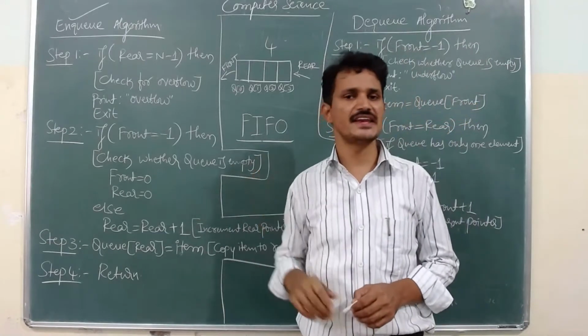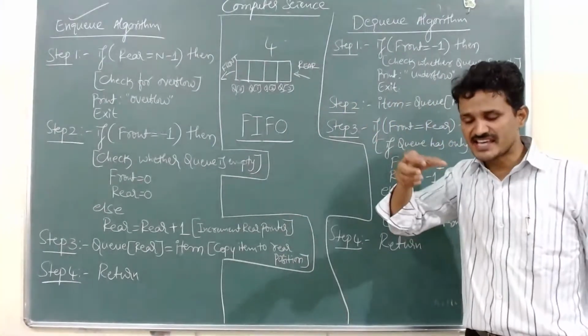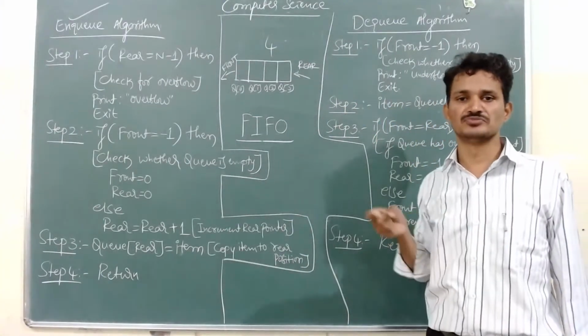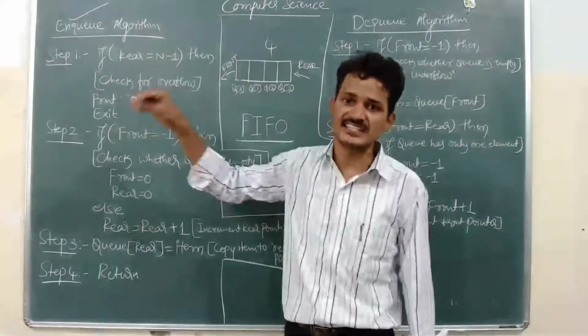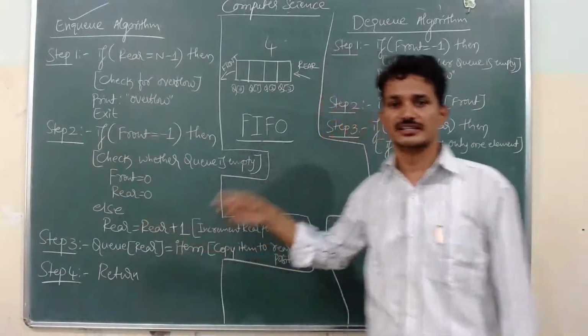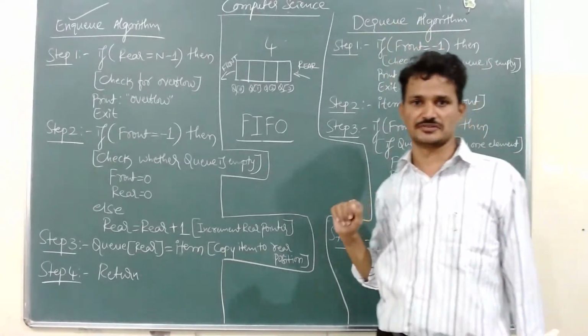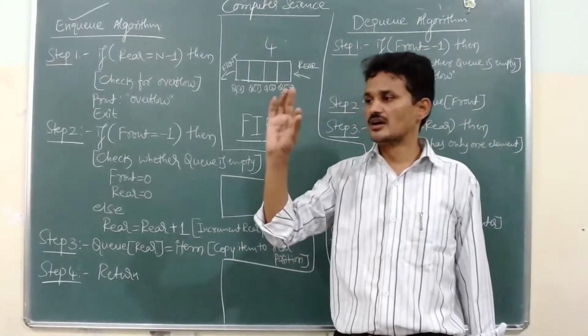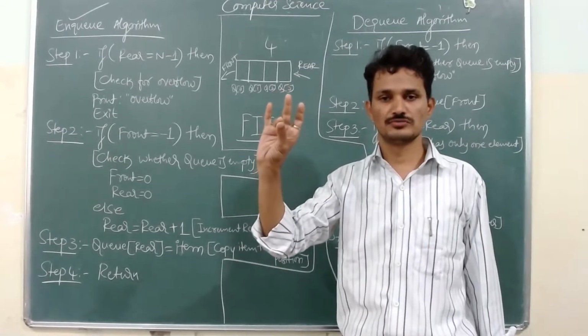It does not require any arguments or parameters. Dequeue means you delete an item from the queue data structure. Enqueue means to insert an item into the queue data structure, and dequeue means to delete an item from it. Got it? Queue function, enqueue of item, dequeue.